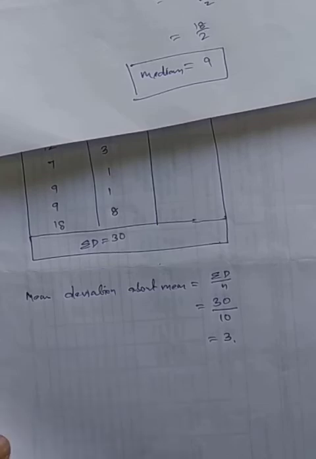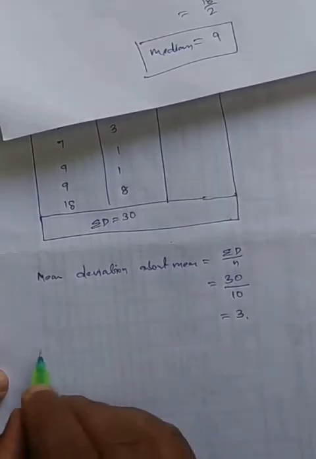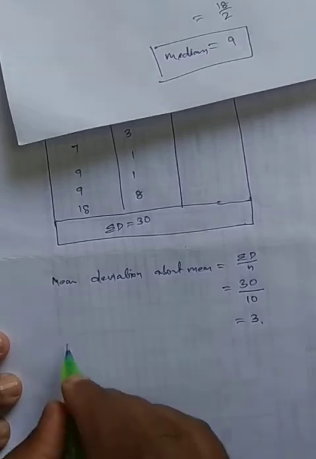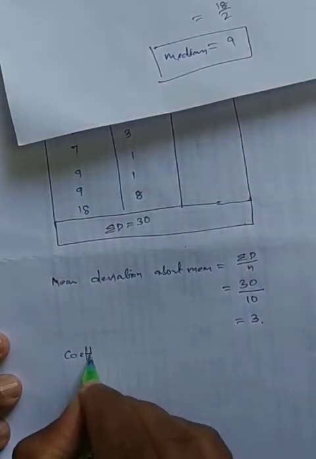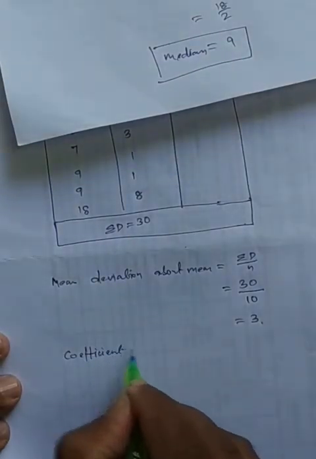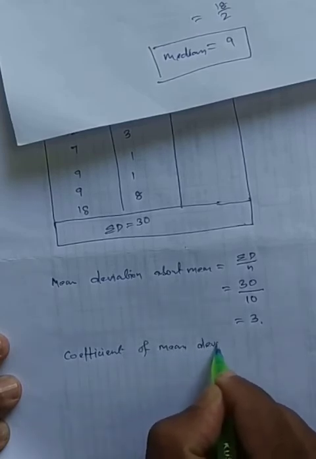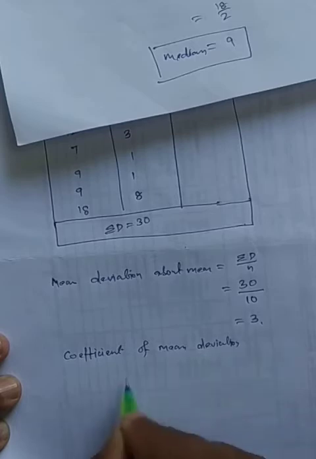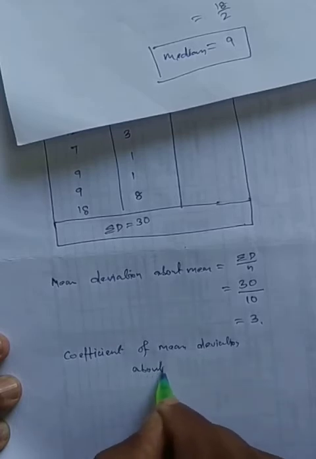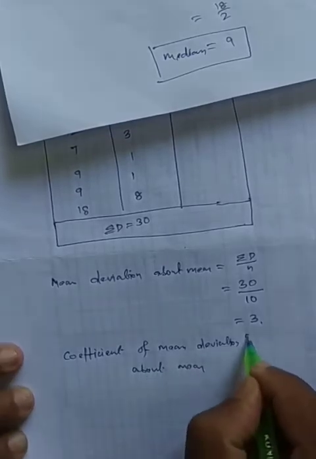3 we are getting. Now what we are going to do next is the coefficient of mean deviation about mean. What's the formula we have written here?